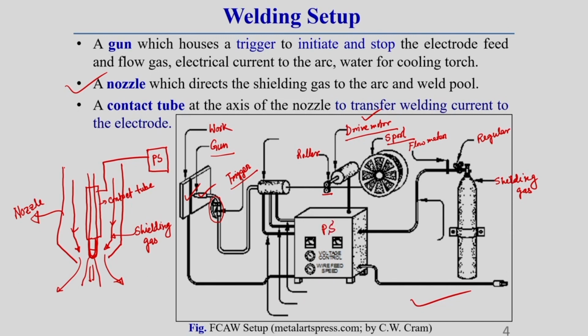And there are different types of cable systems which you can see. One is called the welding power to workpiece cable, another one is called the shielding gas supply hose. Here one by one I am writing, this is the shielding gas supply pipe, you can say.